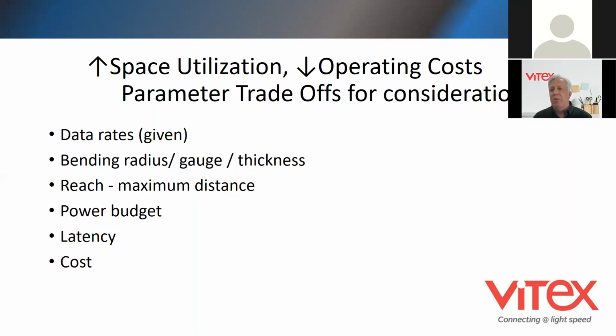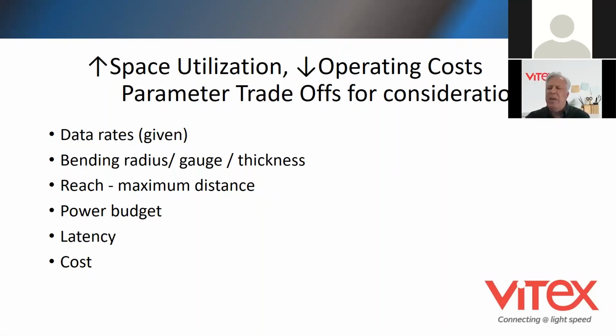We're just going to go with 400 gig because it seems like that's the latest core migration. We're going to talk about real estate, meaning gauge or thickness, and that will affect bending radius. And then we're going to talk a little bit about reach or maximum distance.